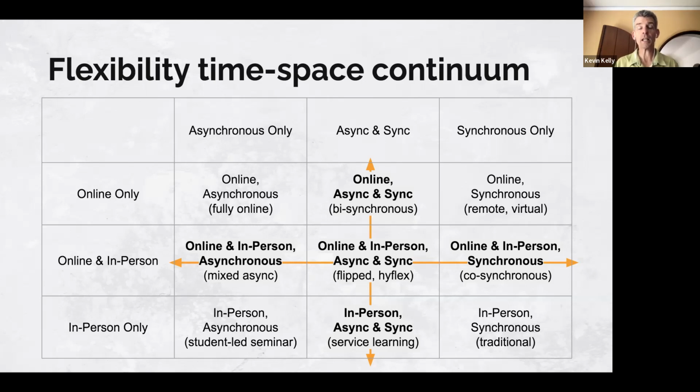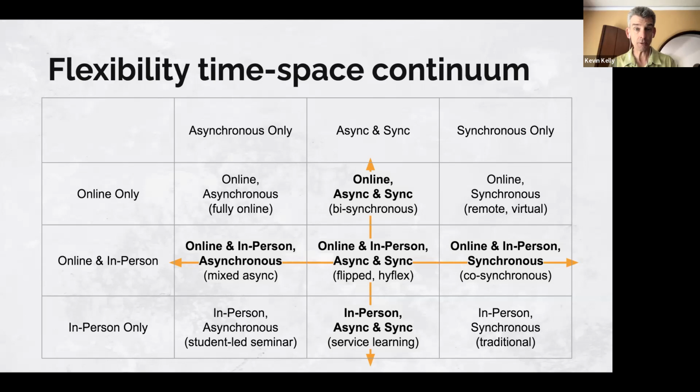Last, online and in-person courses that are all asynchronous. Some campuses are calling this mixed asynchronous, but it's a combination of opportunities for students to learn online, but also maybe get together in study groups or writing groups or even groups dedicated to helping them with their bachelor thesis or something like that.